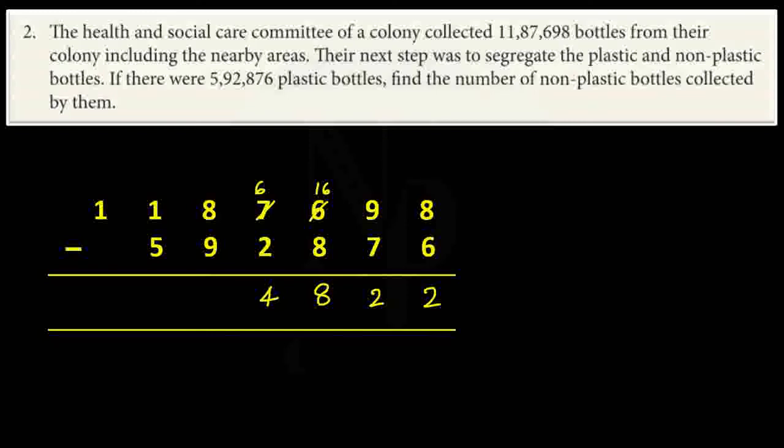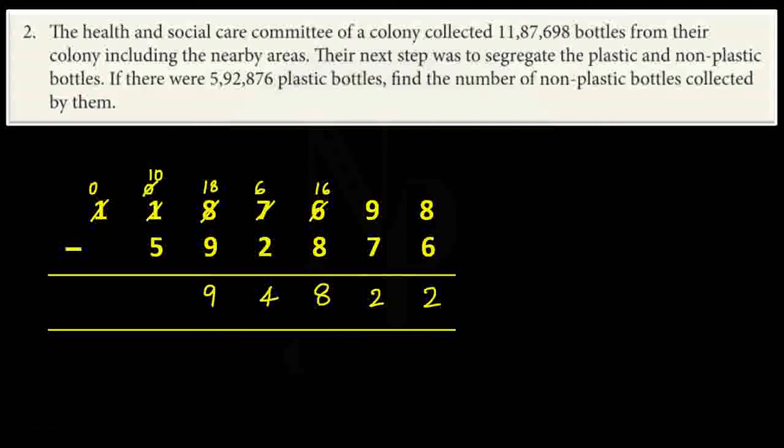For subtracting 9 from 8, you need to regroup. This will be 0 and make this 18, and 18 minus 9 is 9. So again, for subtracting 5 from 0 is not possible, so you make this 0 and this will be 10.